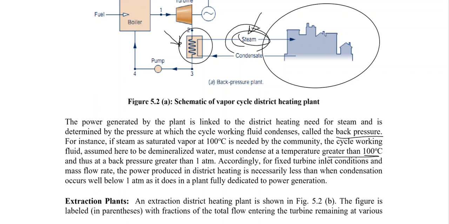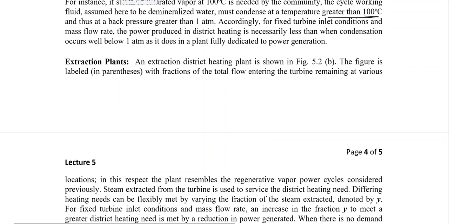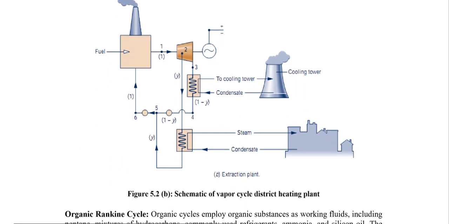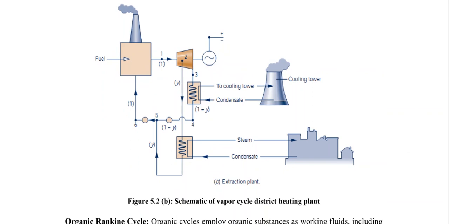Then there is another example, which we call an extraction power plant. In an extraction power plant, it is not only the condenser from which you are taking the heat output, but it is roughly an example of regeneration, where we have bled out the steam.